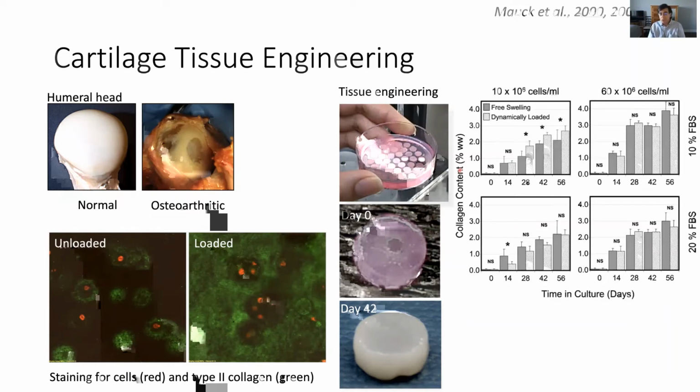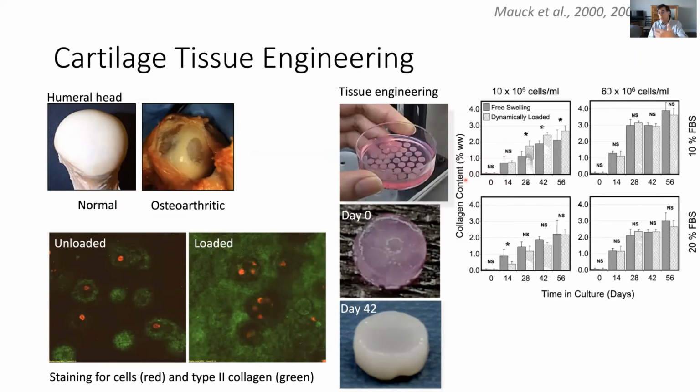Now there are biochemical assays that let you measure the composition over time. So this here is the collagen content as a percent of the wet weight. You weigh the construct and you dry it out, then you measure the collagen content. You can take it as a wet weight, or you can convert it into mass per volume. You see, over days in culture, it increases. So you can track the composition of your material over time.